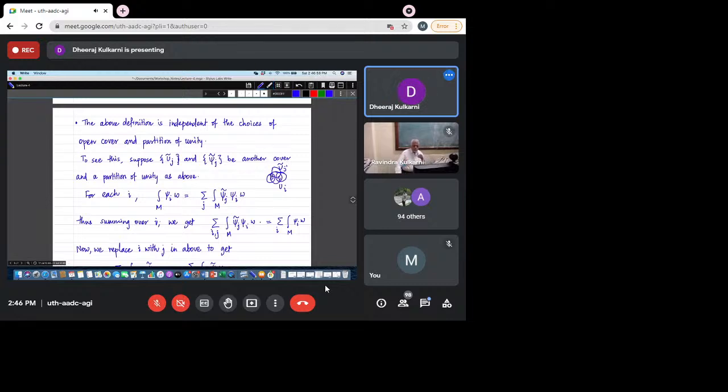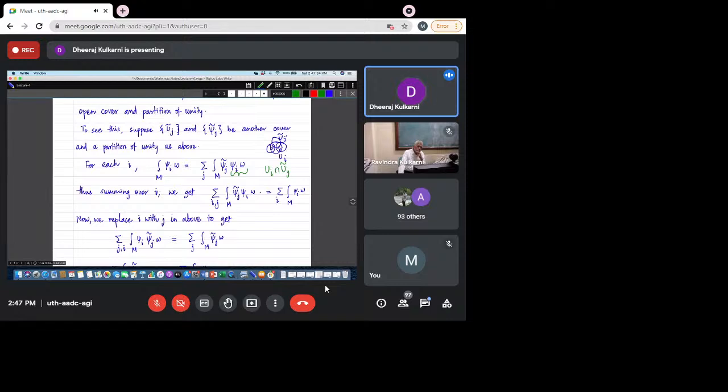The n-form psi I omega, if I multiply it with psi j tilde, is a form that is supported within this set U_i intersection U_j tilde, and you sum it over j. So this is very similar to refining a partition in case of Riemann integration.